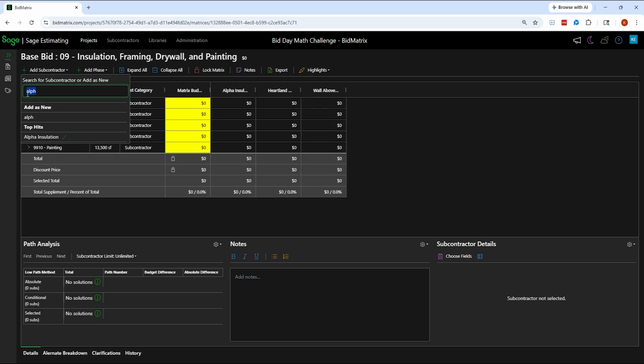Alpha. Rockers. I'm going to put Rockers in there twice because we had 2 different bids from Rockers.